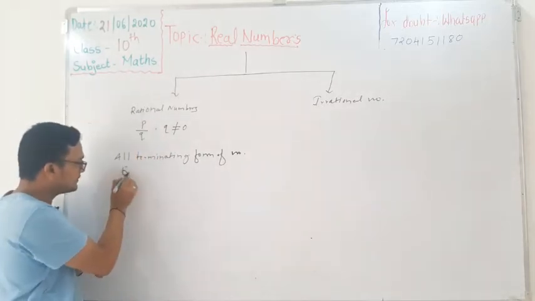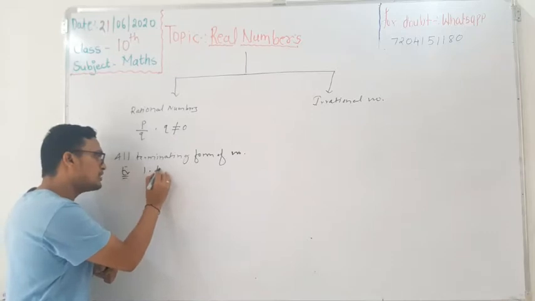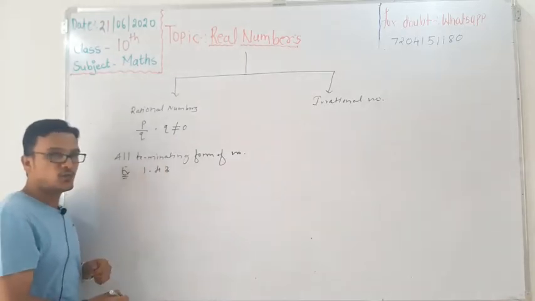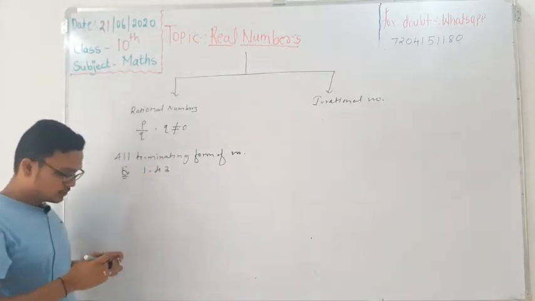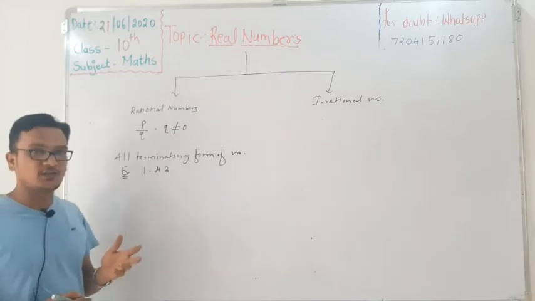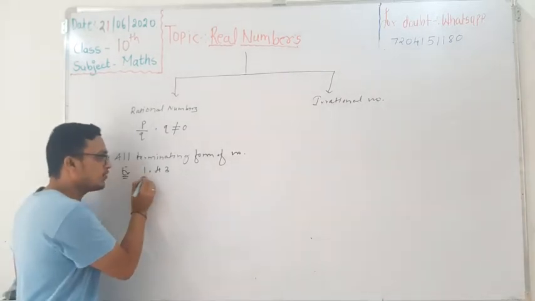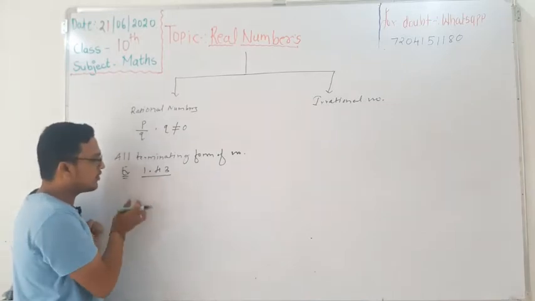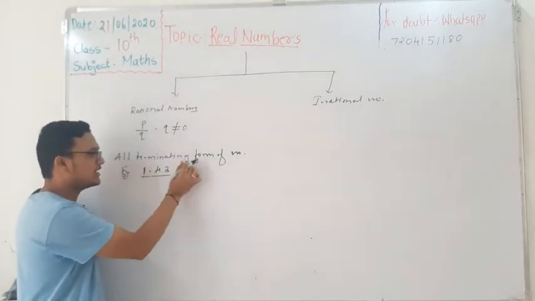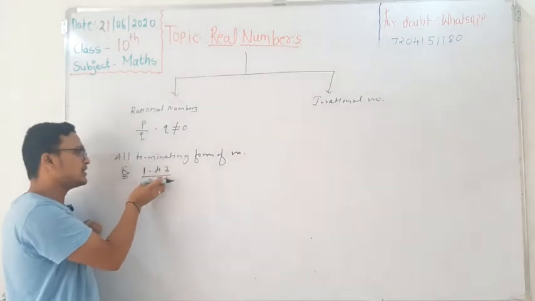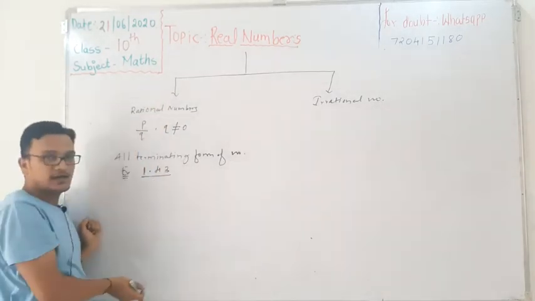For example, I'll write 1.43. If you take any fraction and divide it, you will get the answer in the form of a decimal, and this is called the terminating form of number, and this terminating form of number is again called a rational number.